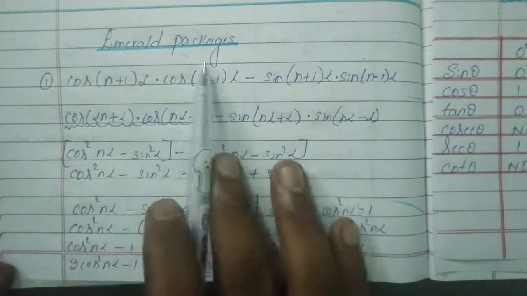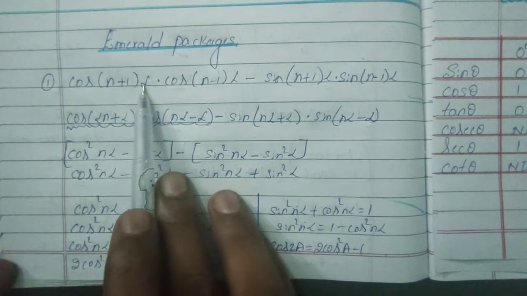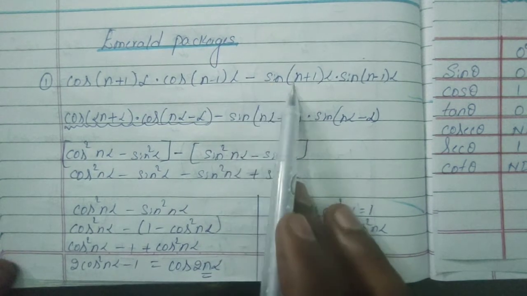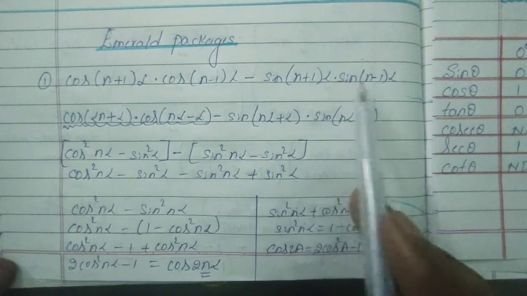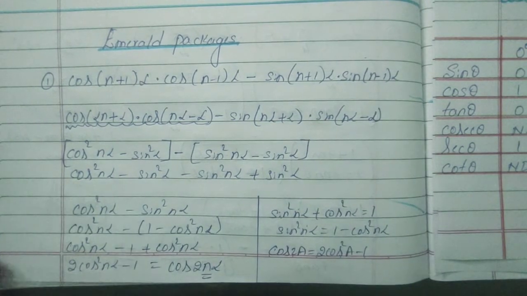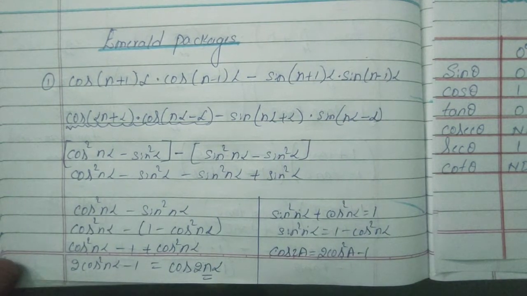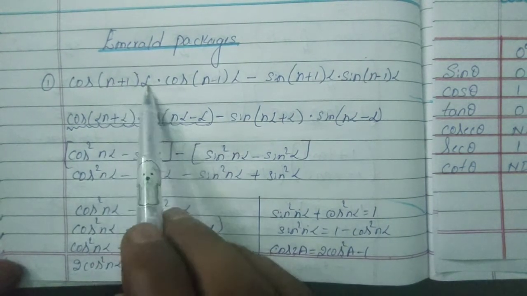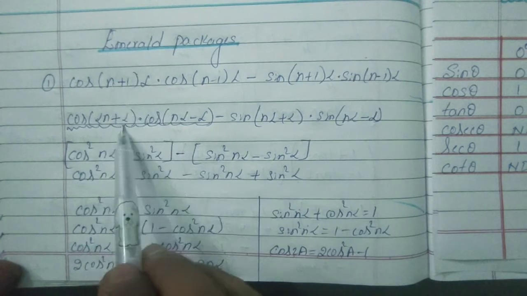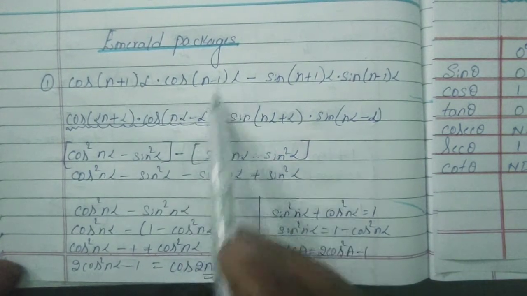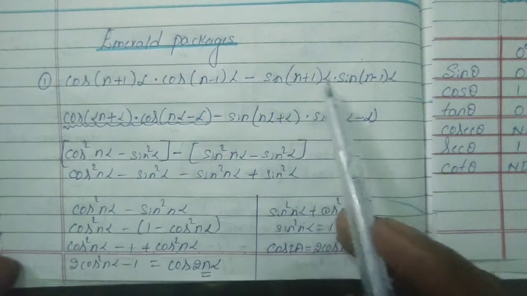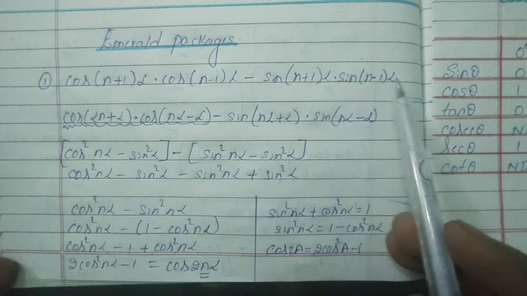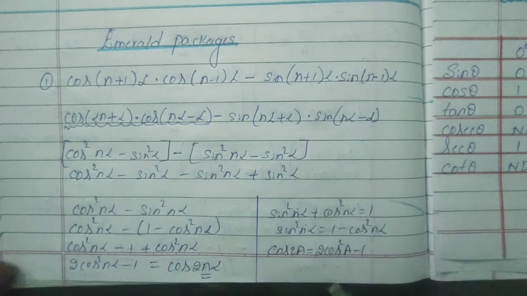Now the next problem: cos(n + 1)α into cos(n − 1)α minus sin(n + 1)α into sin(n − 1)α. We should find this. Alpha I will multiply: n alpha plus alpha, n alpha plus alpha, minus sin, n alpha minus alpha.